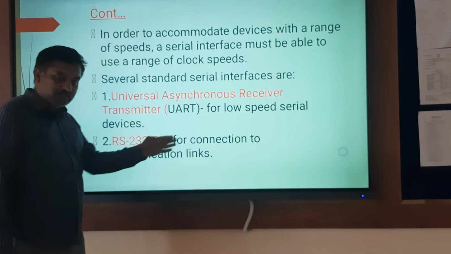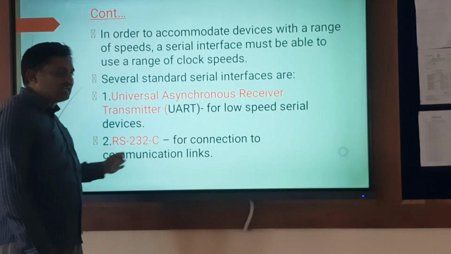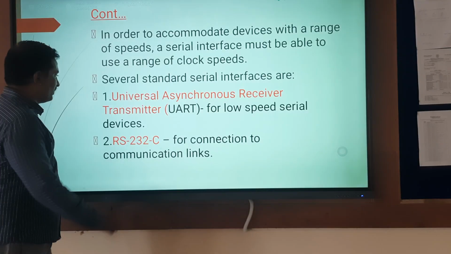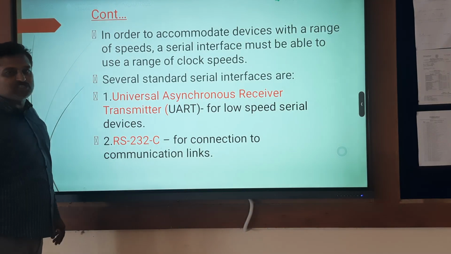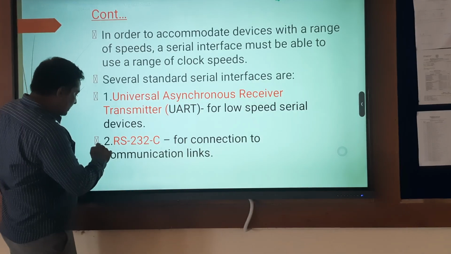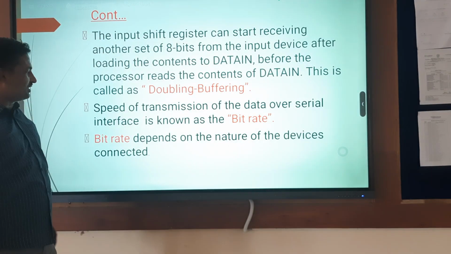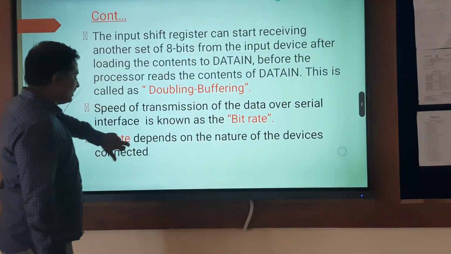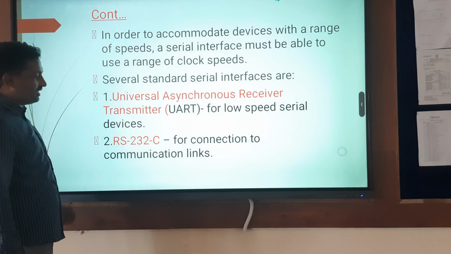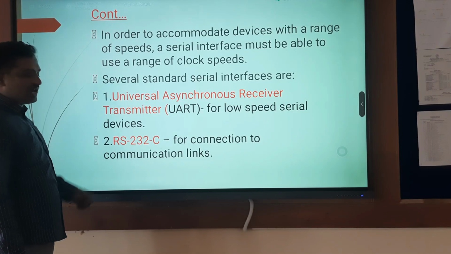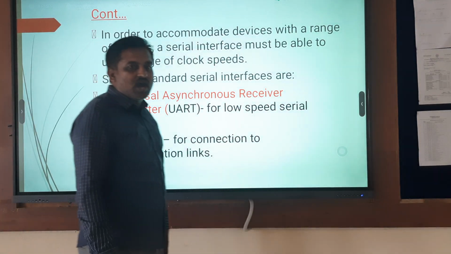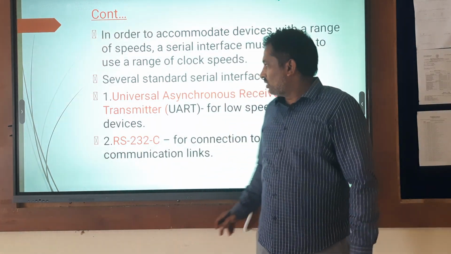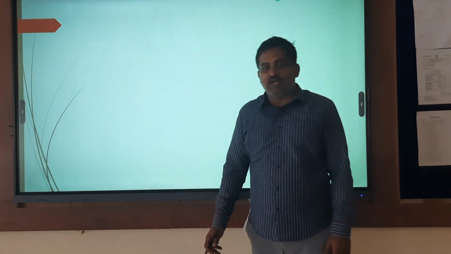There, the bit rate is high, so the data transmission rate is high. In the first case the data transmission rate is low, and in this case the data transmission rate is very high. These two are examples of serial communication interface circuits: one is UART and the other one is RS-232C.